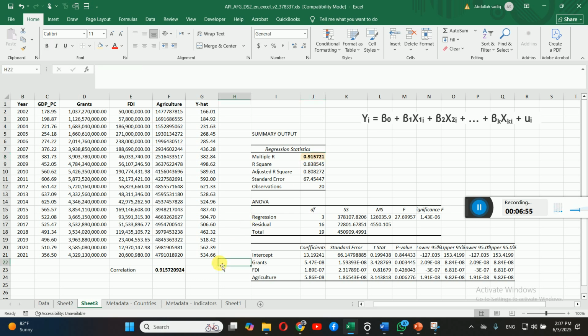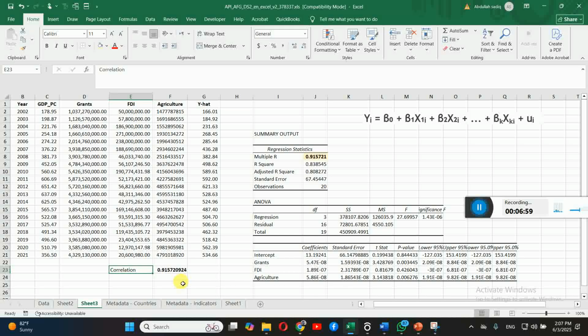Here is the interpretation. You have already learned that the correlation has a limit of +1 and -1. So if the correlation is getting closer to +1, we say there is a strong positive correlation. It means these two variables are strongly correlated. So we can say that between the predicted y-hat and the actual values, there is a strong relationship.